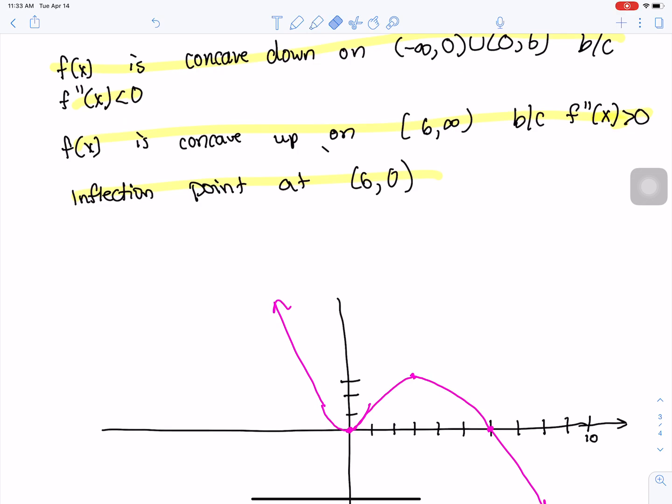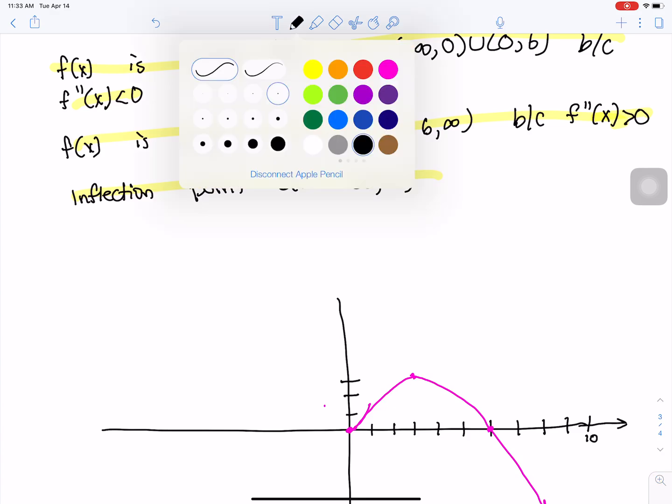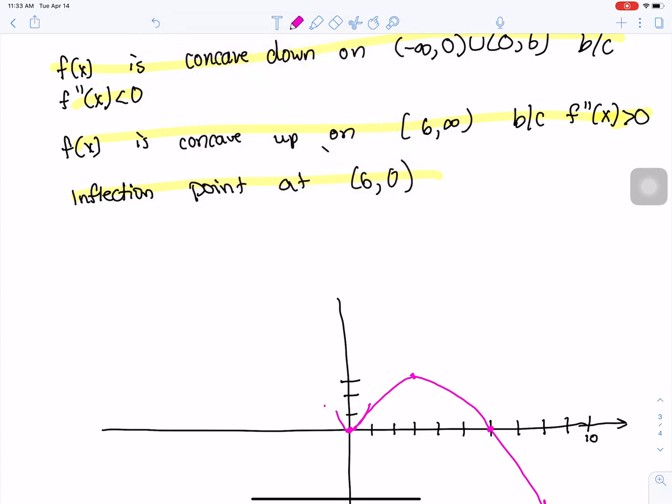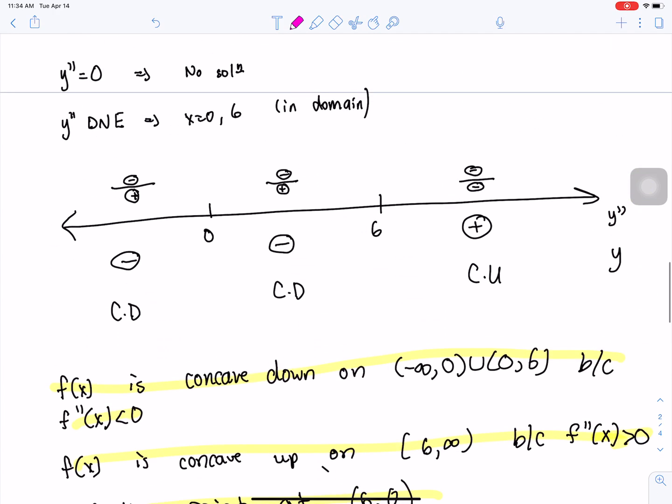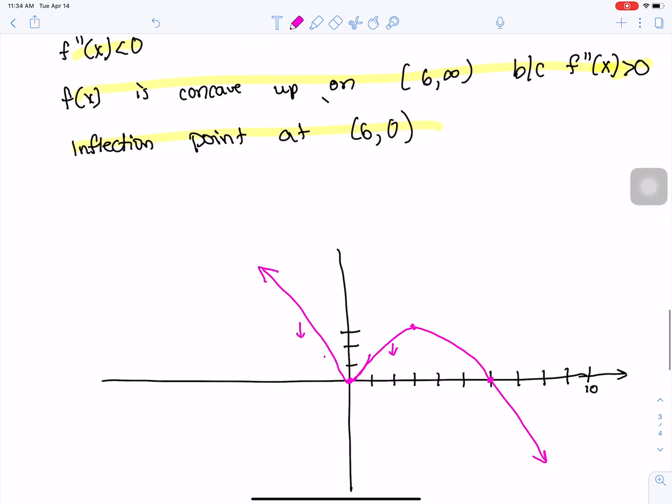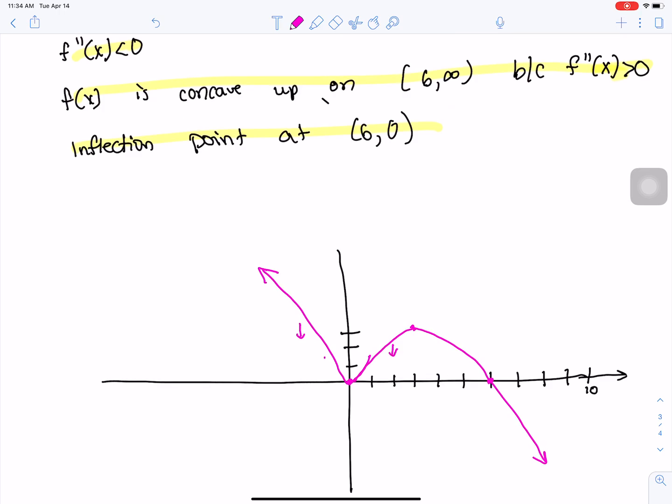So what we need to do is for this curve of our graph, we need to change the curvature of it so it's facing down. So it's going concave down, so this is facing down, facing down. There's an inflection point at 6, so what we're going to do is label it when x is 6, 1, 2, 3, 4, 5, 6.